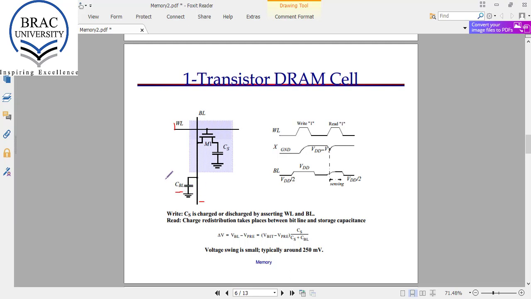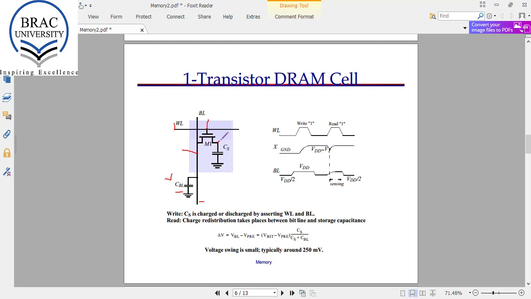You can consider this as a capacitor connected with the bit line. Now the WL is turned on, so this BL, the bit line, has a voltage VDD by 2, and this is turned on, that has a voltage 5 volt. So this bit line will be connected to this capacitor.